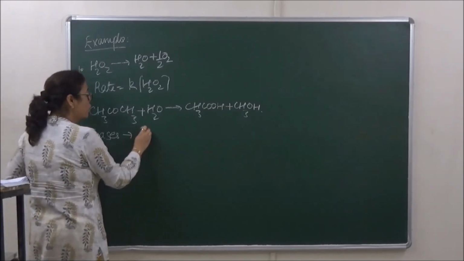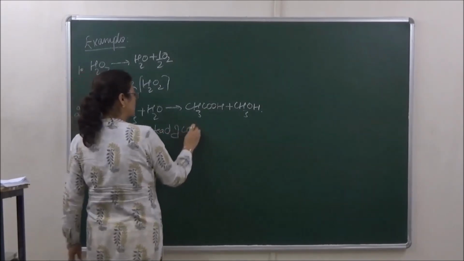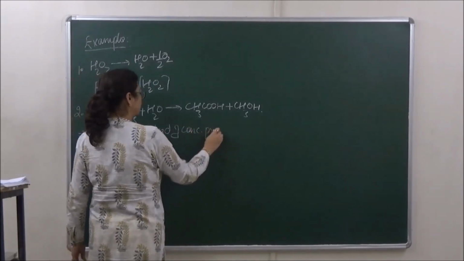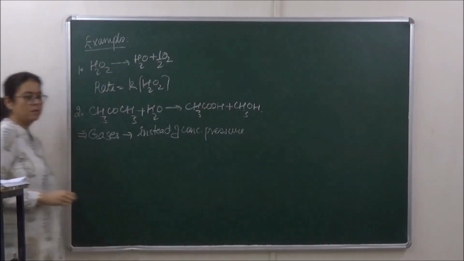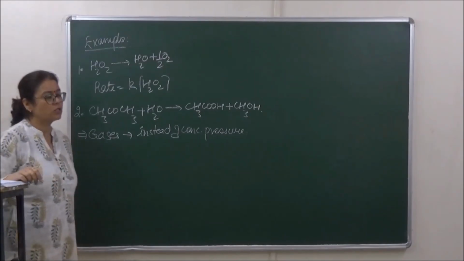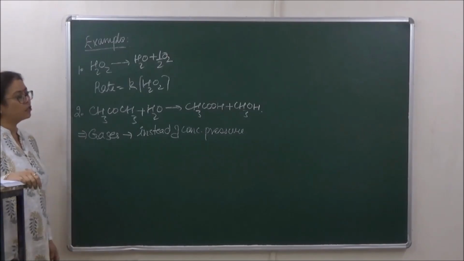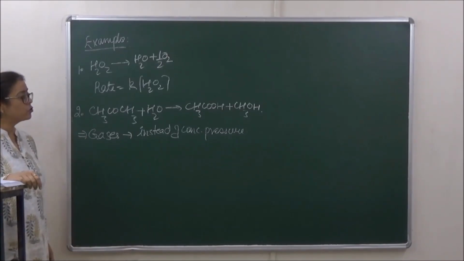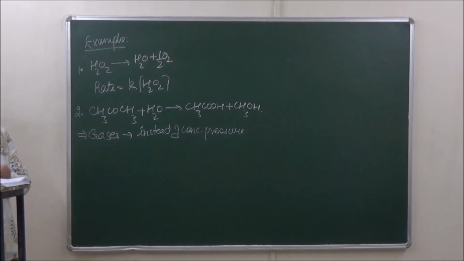So instead of concentration, pressure is used, right? जैसे ऊपर हम लोग ले रहे हैं initial concentration A, and below we are taking the final concentration. So over here also in the numerator you will take the initial pressure, and in the denominator you will take the final pressure. ठीक है.